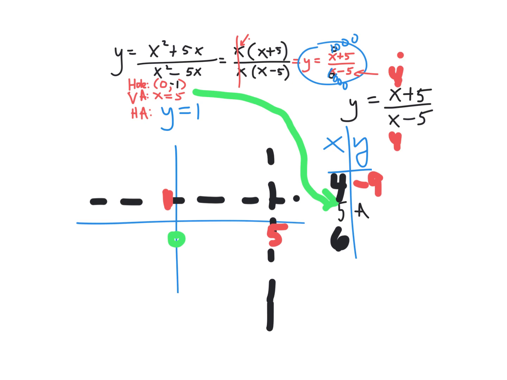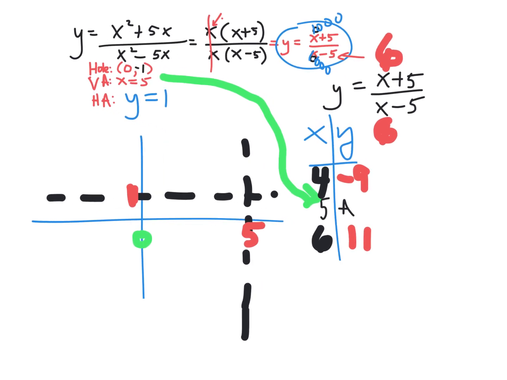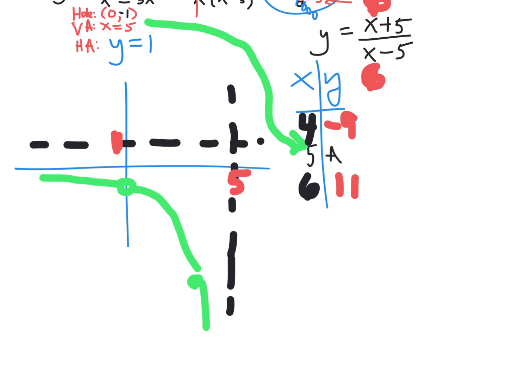And when you put in 6, you get 11 over 1, which is 11. So 4, -9 is like way down here. Oh, that makes sense. It gets closer and closer to the asymptote.